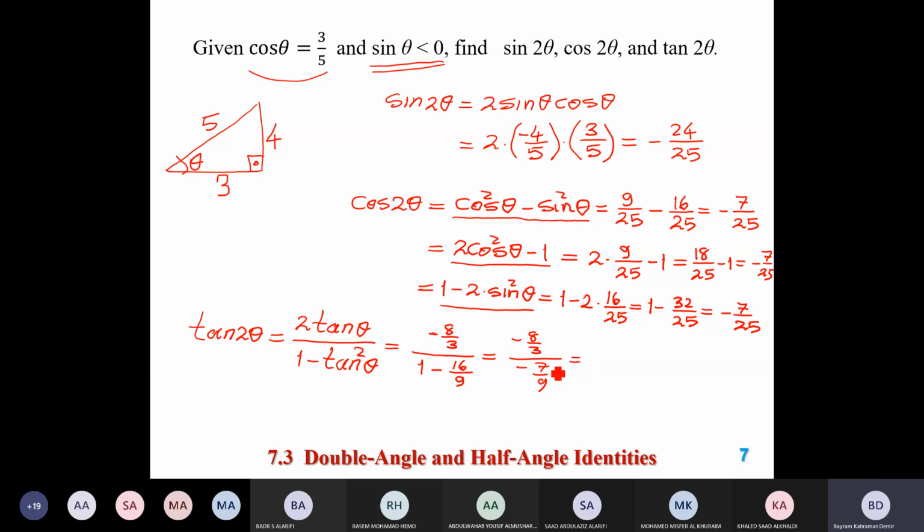Which is equal to, negative over negative is positive, right? So 8 over 3 multiplied by 9 over 7. That will give you 24 over 7. Perfect. 24 over 7.